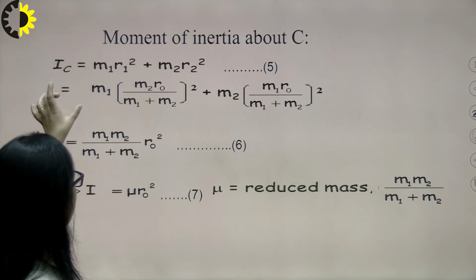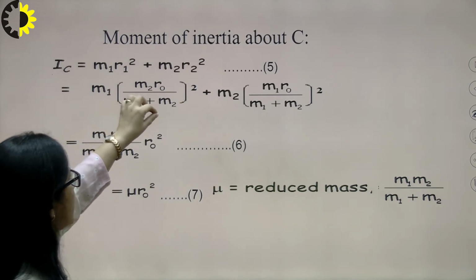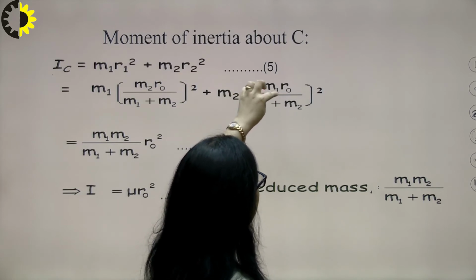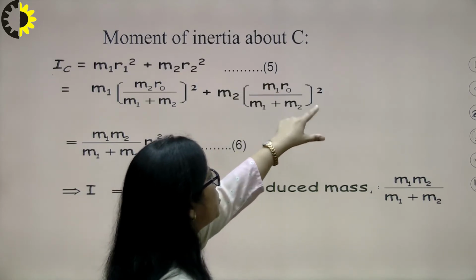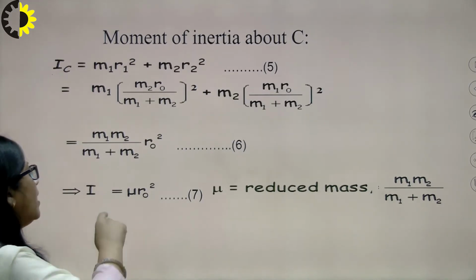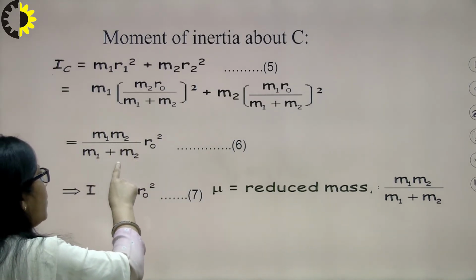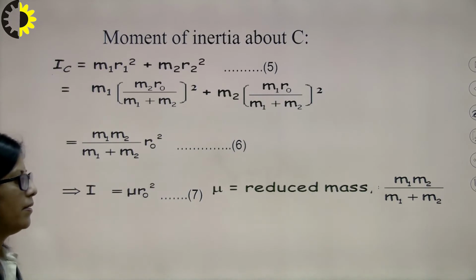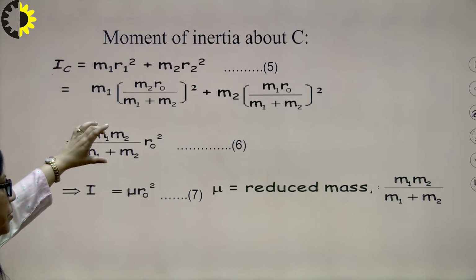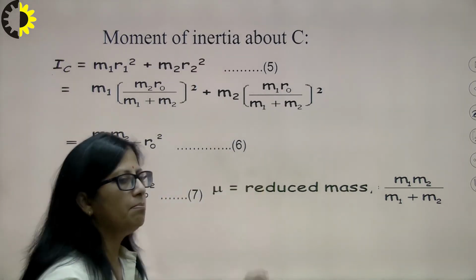So, the moment of inertia will become m1 (m2 r0 divided by (m1 plus m2)) whole square plus m2 (m1 r0 divided by (m1 plus m2)) whole square, or if we calculate, it will become m1 m2 divided by (m1 plus m2) times r0 square, and this m1 m2 divided by (m1 plus m2) is nothing but the reduced mass.